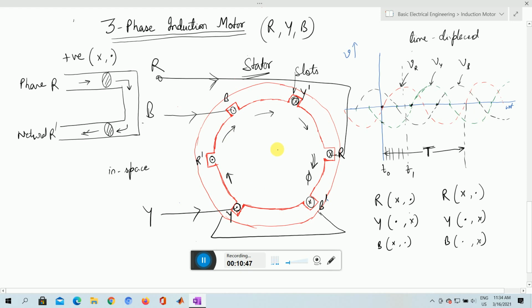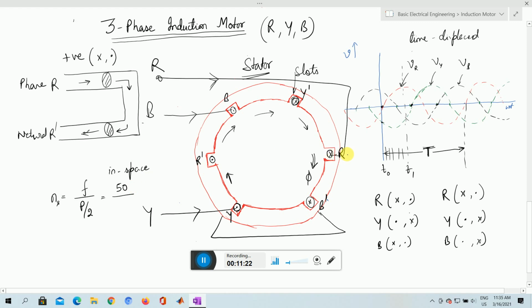So we can have a formula that the speed of this flux can be given as Ns equals, depending on the frequency, F divided by P by 2. So if the frequency is 50 Hz, it will make 50 divided by P by 2, because it is virtually creating a north and south pole.